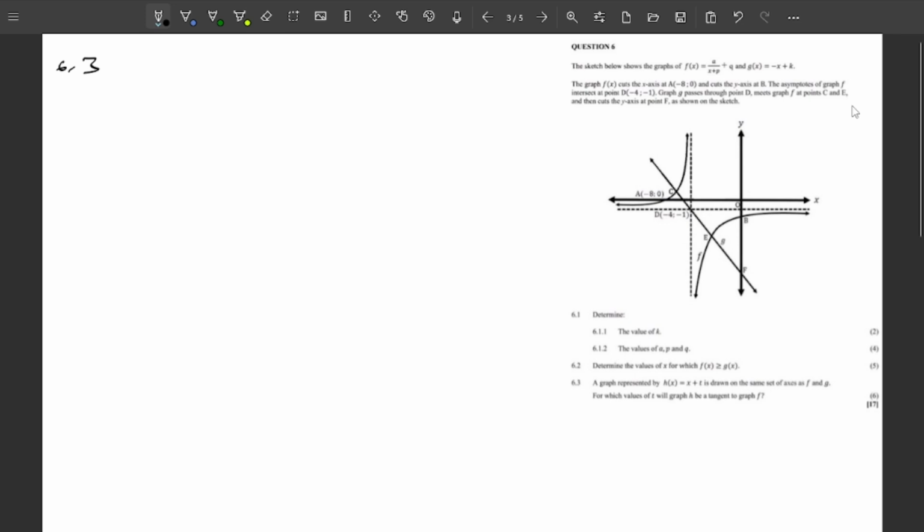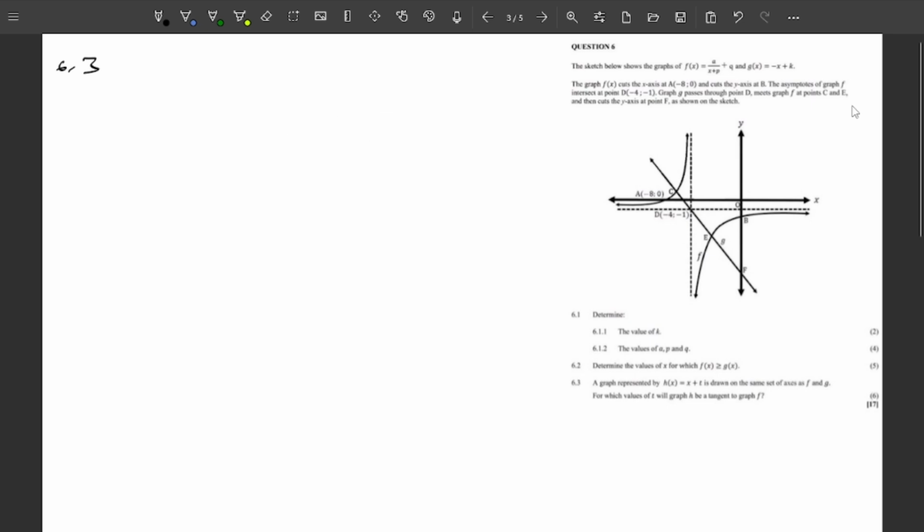For which values of t will graph h be a tangent to graph of f? Okay, so a tangent, it's a point, it touches a graph once, right? And when they touch, they're basically equal to each other because of that one point, right?